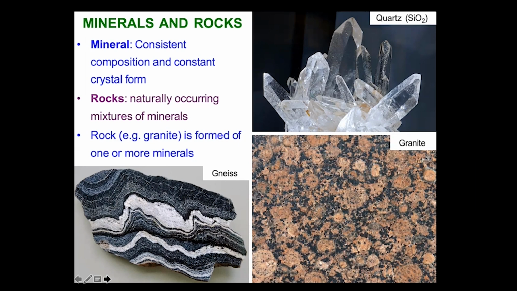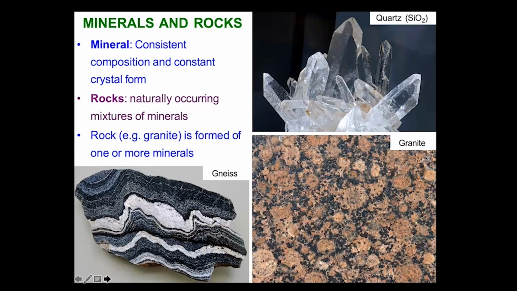These rocks that we've looked at previously, be they igneous, metamorphic, or sedimentary, are formed of naturally occurring mixtures of minerals. So we can take a rock such as granite, shown in the lower right corner, that is formed of a particular assemblage of minerals. For example, the pink crystals that you see in there are a mineral called feldspar.